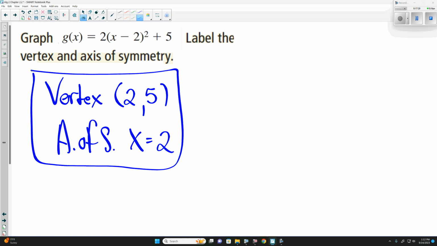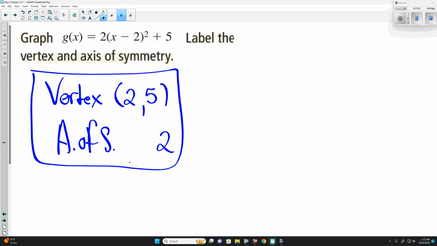Yeah, I do shorten that to A of S, axis of symmetry. And one thing I will say to be cautious of, you can do A of S, that's perfectly fine. Just do not put A of S is 2. Because you cannot say that the axis of symmetry for this is just 2.